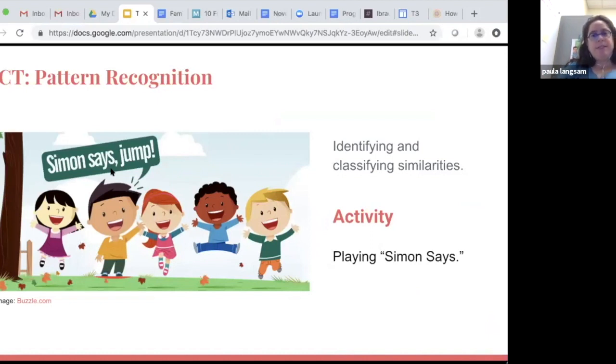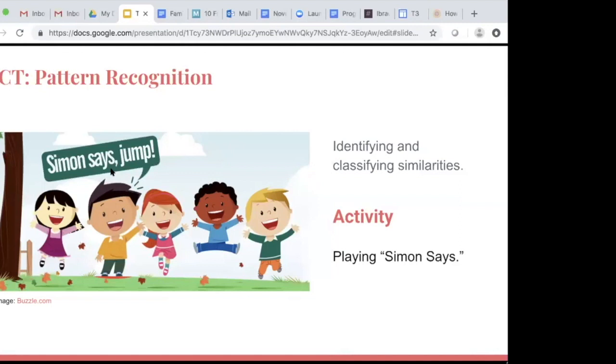For those of you who don't know, which I think all of you might, you repeat an action if Simon says to do it. When Simon doesn't say to do it, you don't do it. So that pattern there is the language and the prompting of it.